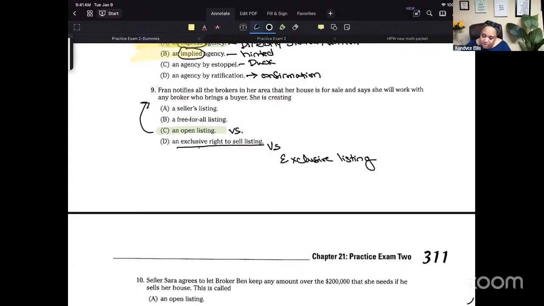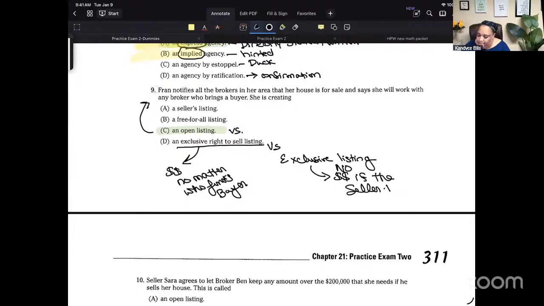But in an exclusive right to sell, you get paid no matter who finds the buyer. And in an exclusive listing, you get no money if the seller finds the buyer.